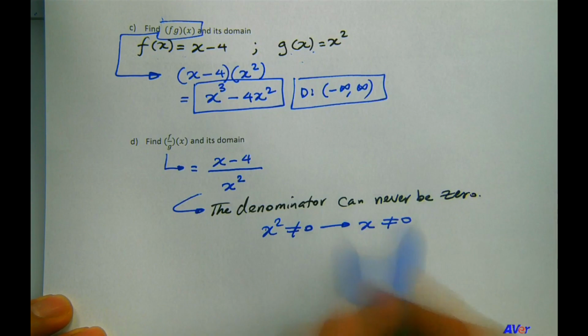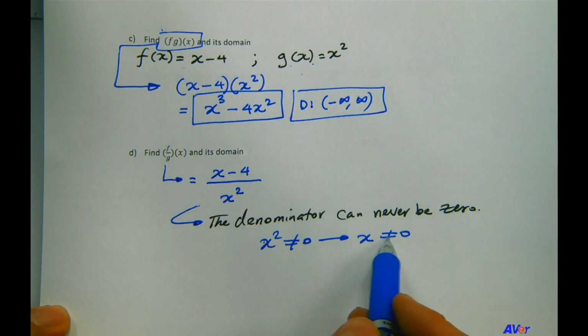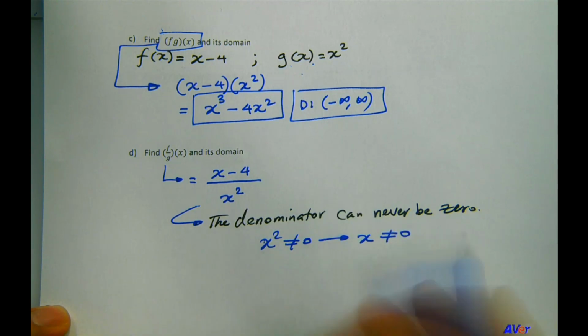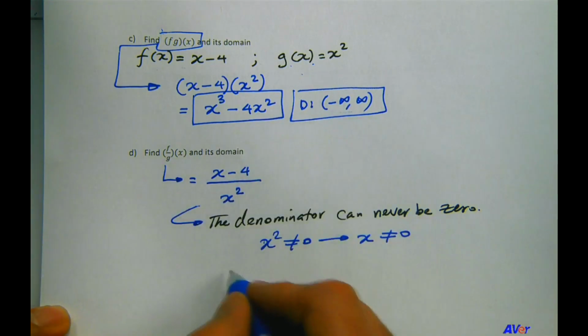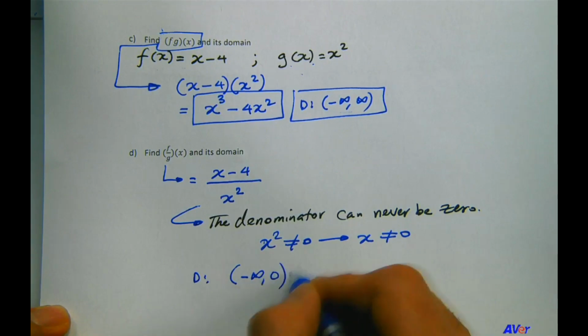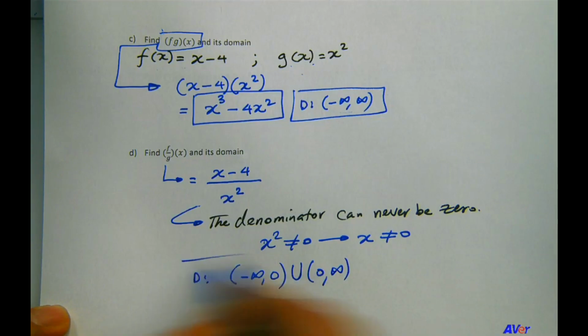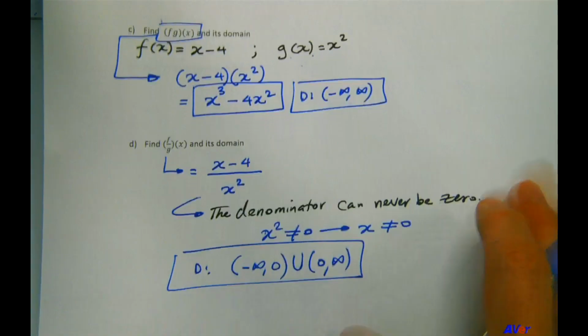So take the intersection of the domain of this with negative infinity to infinity. This would exclude 0. So the intersection of this with the other domains will be negative infinity to 0, union 0 to infinity. So 0 is excluded, like that. I hope this is making sense.